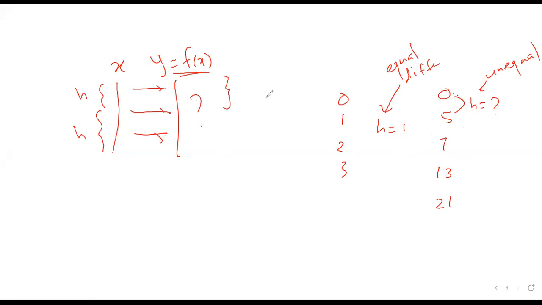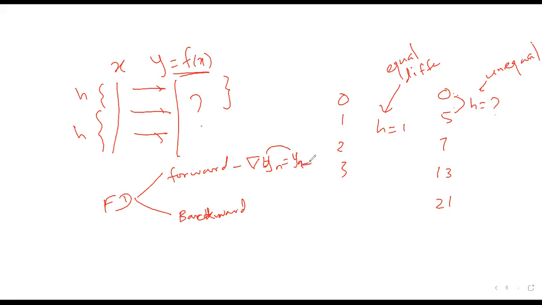In these differences, we have two kinds: forward and backward. For forward we use the delta notation. Delta of yn is equal to y n plus one minus yn, so if you start at yn, you have to include one more.